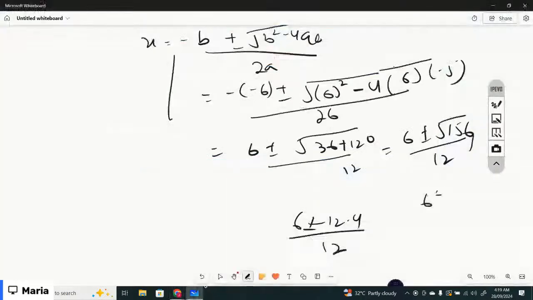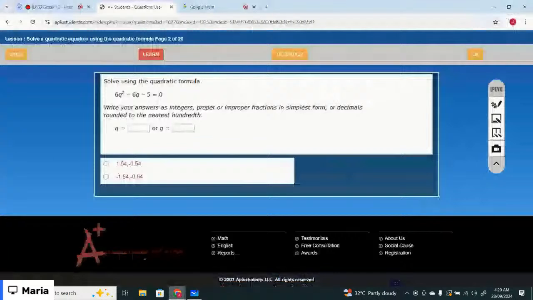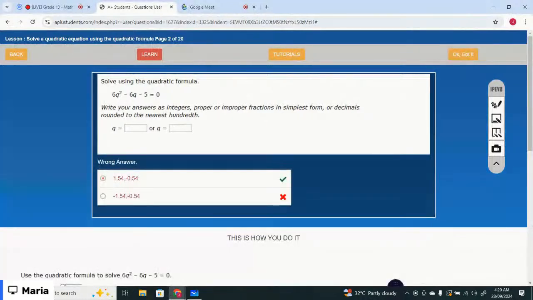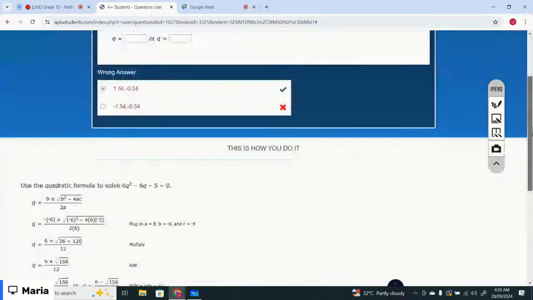The first one is 6 plus 12.4 over 2. So that is 12.4 plus 6, 18.4 divided by 2. That is 9.2. Option number 2 is the correct option, right? Okay, that's option number 1, sorry.